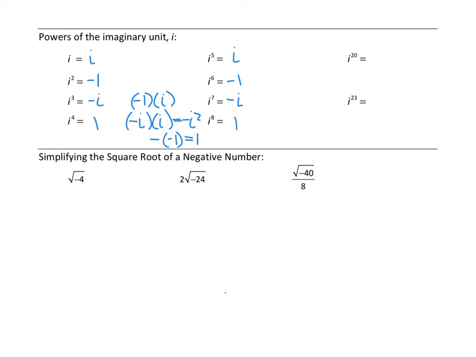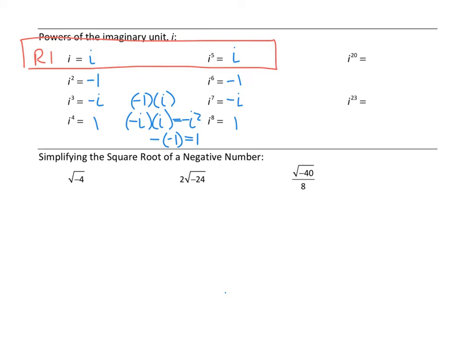If you divide the exponent by 4 and you get a remainder of 1, then it will be i. So i to the fifth, i to the ninth, and so on, all of those numbers, when they're divided by 4, you get a remainder of 1.